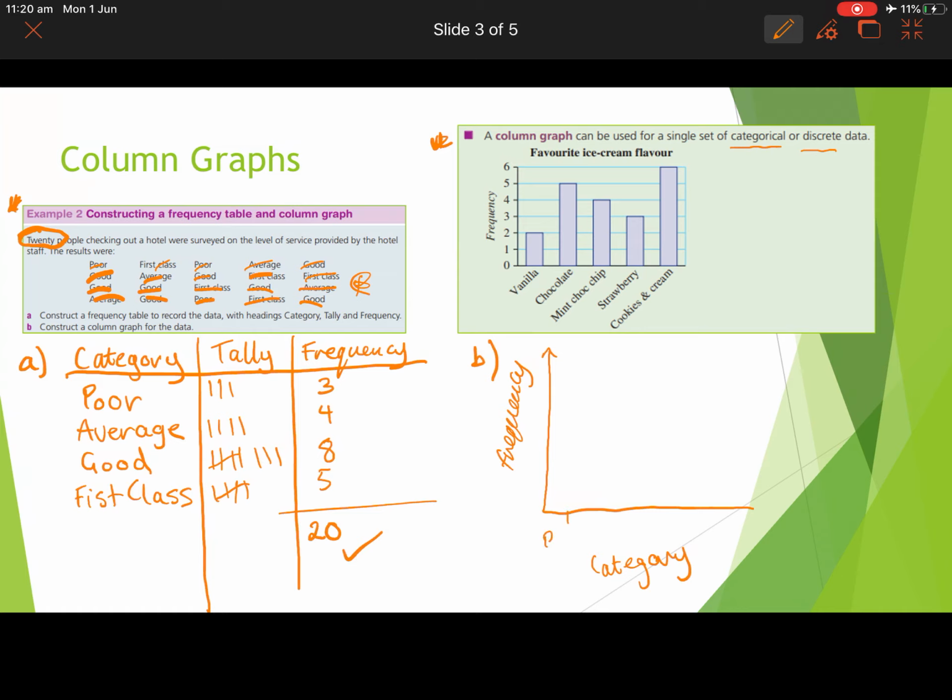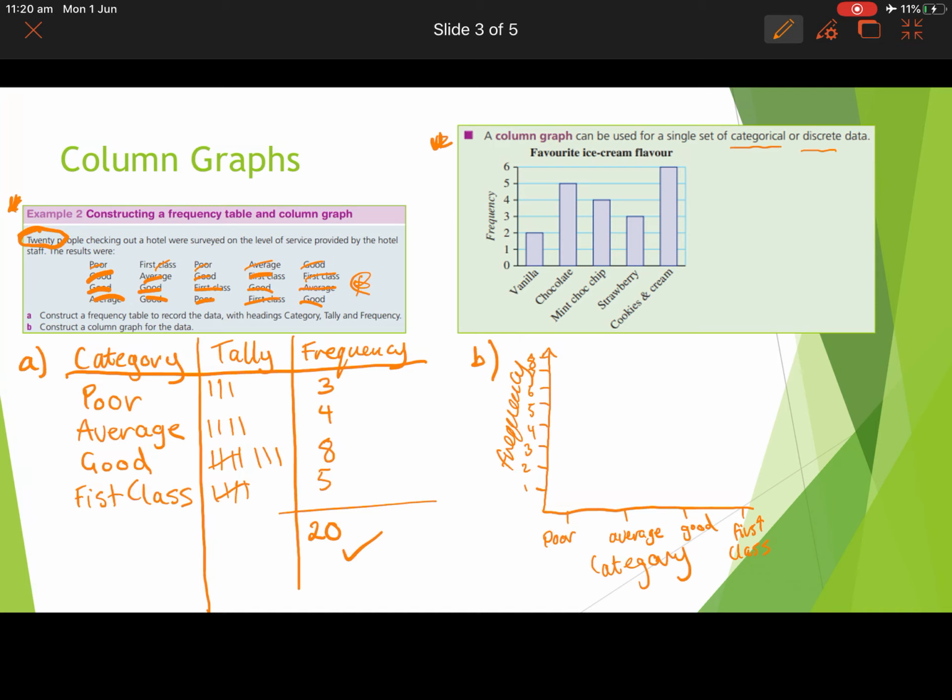So we've got poor, we've got average, we've got good, and we have first class. Okay, and our frequency goes up to 8, so let's put our numbers up to 8. 1, 2, 3, 4, 5, 6, 7, 8. Okay, this is not very neat. You guys will be using a ruler and a grey lead.